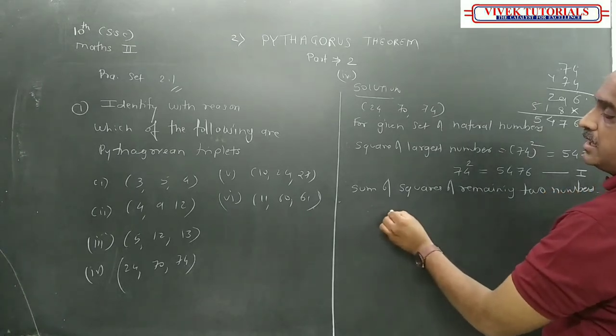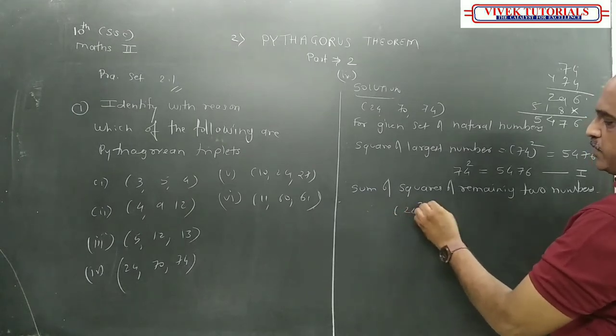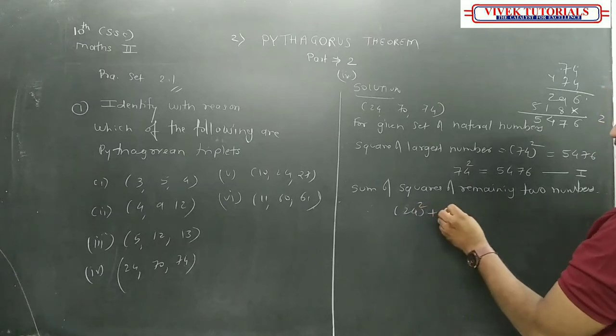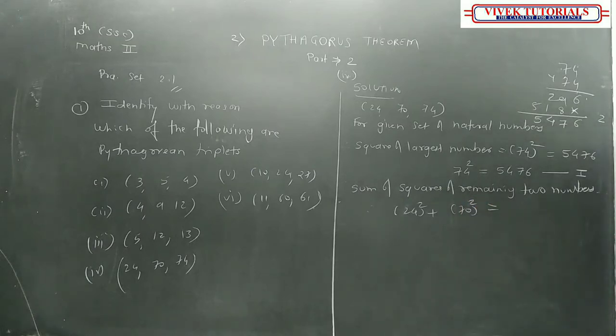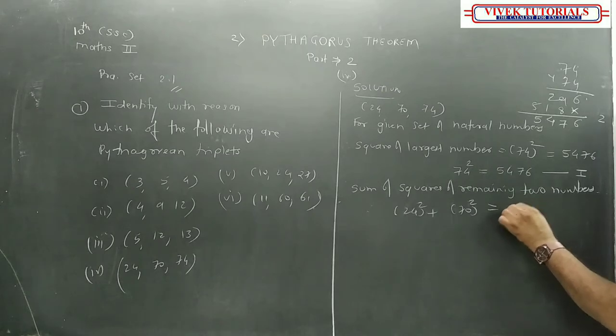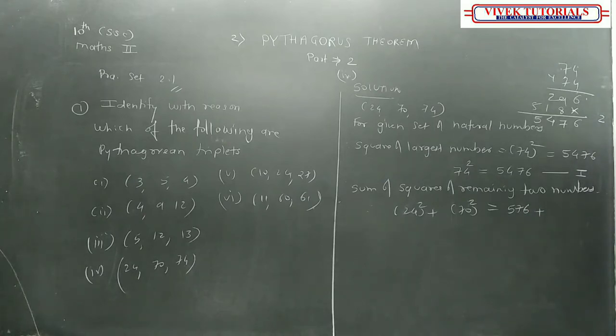that is, 24 square plus 70 square is equal to, now if you know the squares, it becomes easy, 576, plus 70 square is 4900.